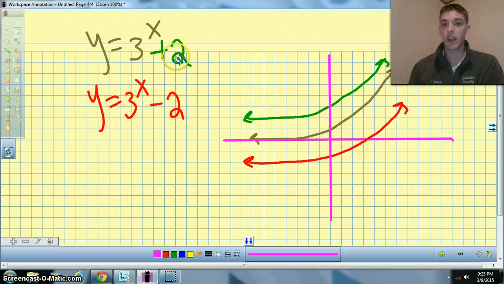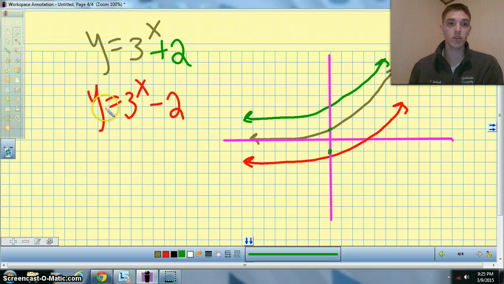We add the 2, it shifts it up 2 to get the green. If we were to subtract 2, it just moves everything down 2. So now, instead of the asymptote being at 1, it's shifted down 2, so it's at negative 1.